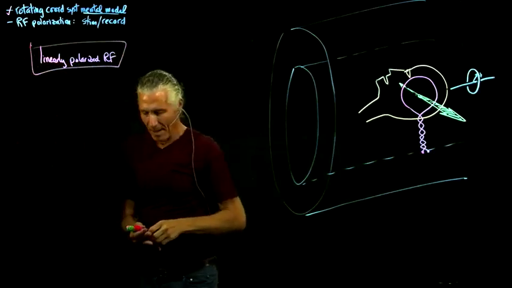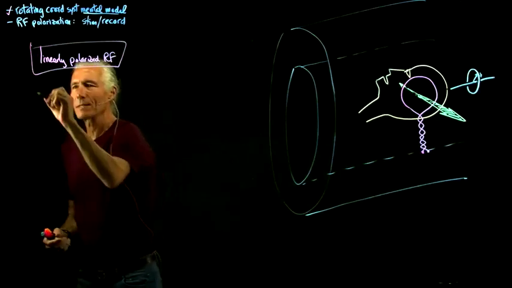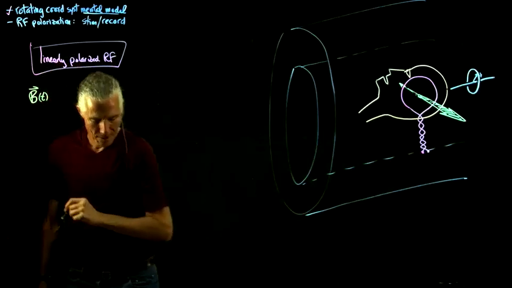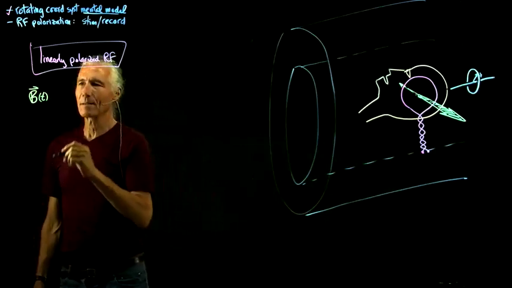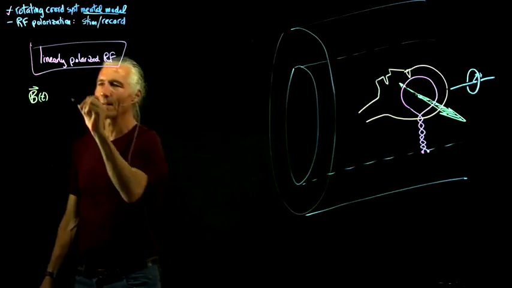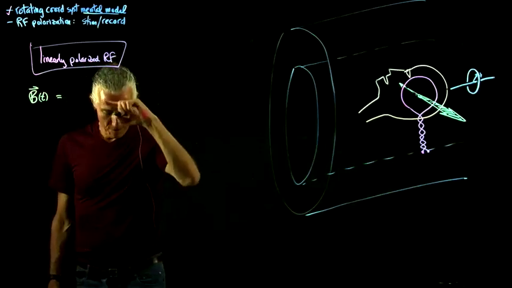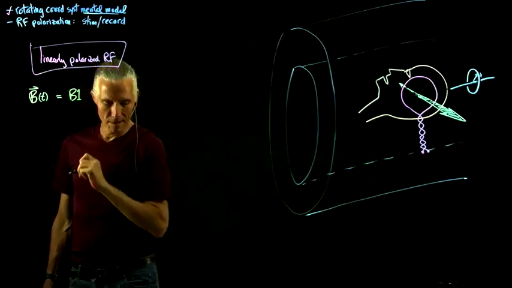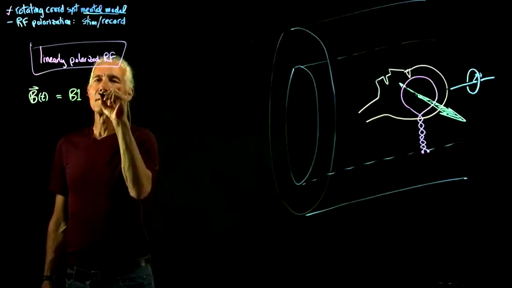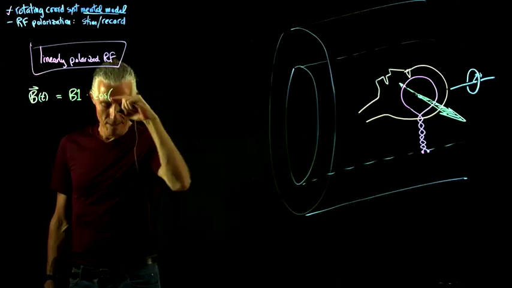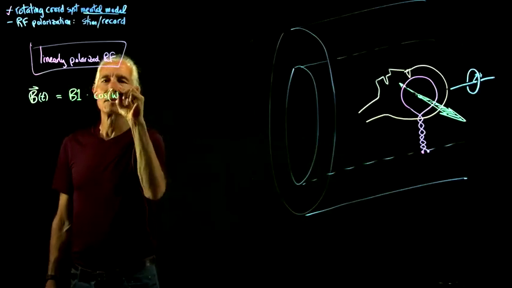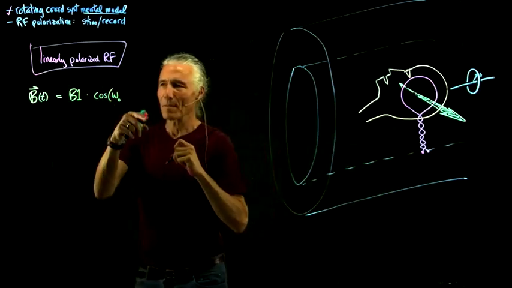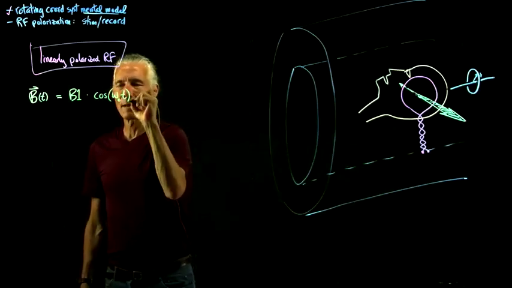So what's an equation for this? This is the B1 field as a function of time, and that's a vector. The simplest kind of thing we could do is just take the amount of the B1 field, which is just a scalar amount, and then multiply it by a cosine of omega, the frequency of how rapidly we're changing, times a point in time.